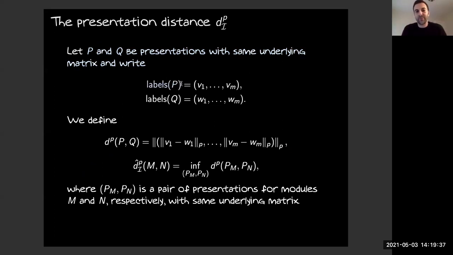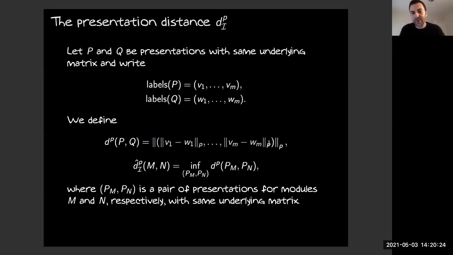Let me write the labels of P as v_1 through v_m, labels of Q as w_1 through w_m. Essentially, you have this vector of points in R^n, and I'm going to put everything into a single big vector where the coordinates are in R. If this has length m and I'm working with R^n index modules, then I'm going to stick all these coordinates of the labels into one vector in R^(mn). Do the same for this.